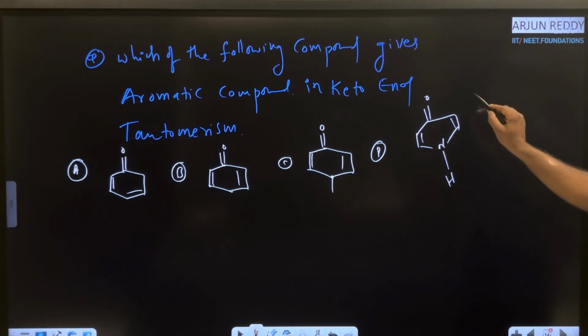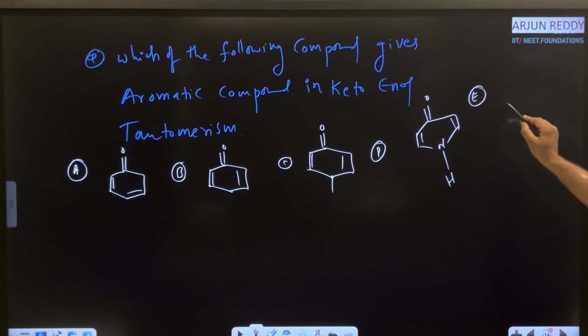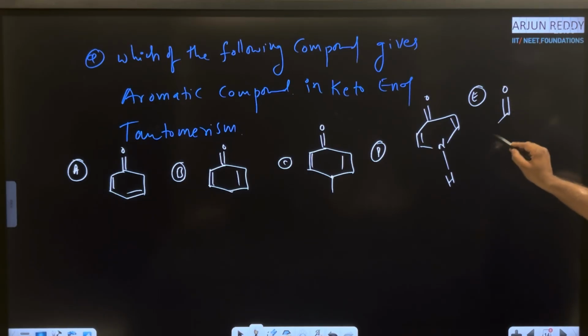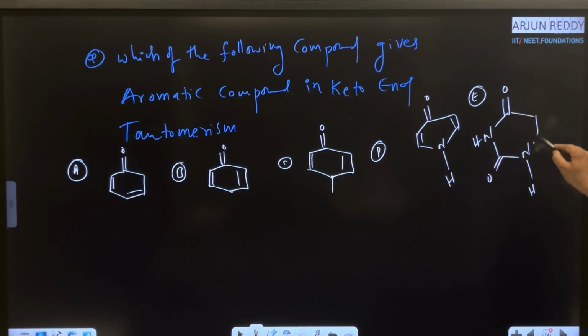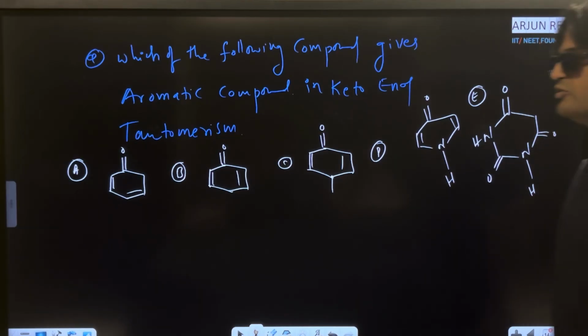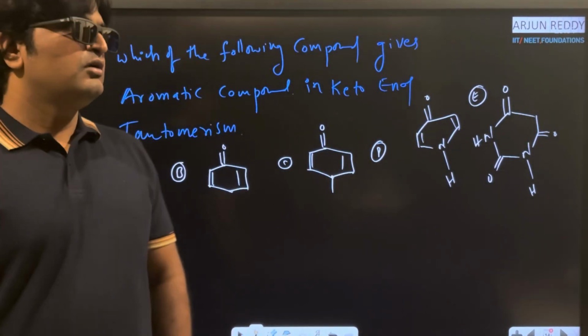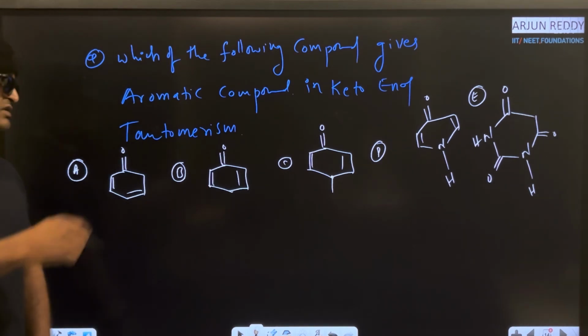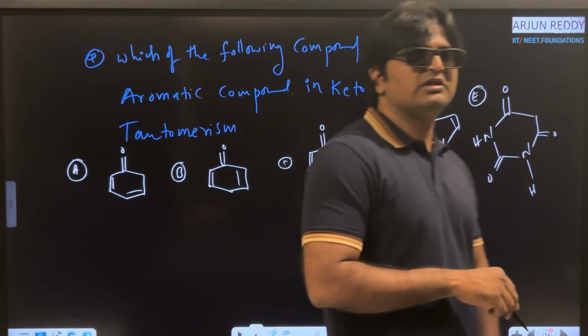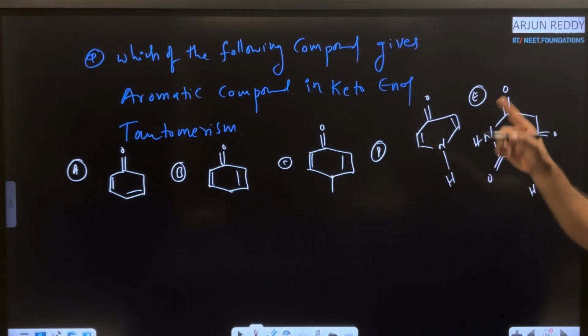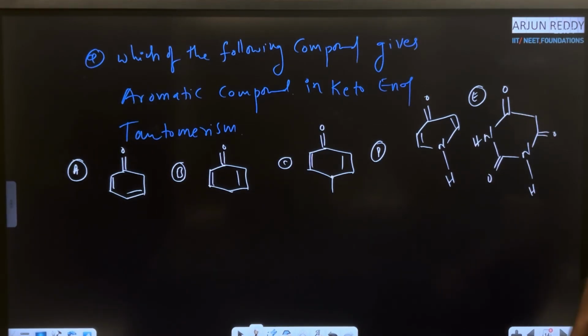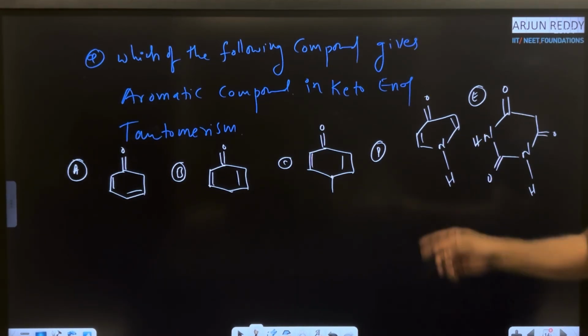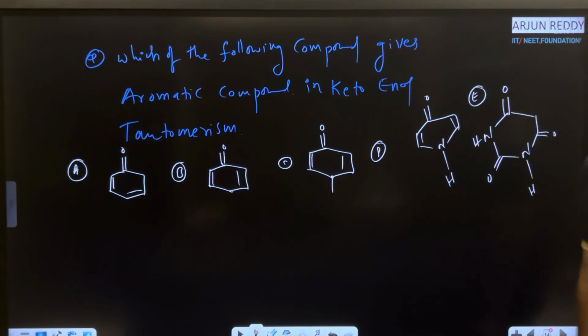And one more example I am giving, compound E. These are the 5 compounds. Homework question. If anyone is solving this problem, please comment on the comment box, right? Which of the following compound gives aromatic compound in keto-enol tautomerism? These are the 5 compounds A, B, C, D and E. Okay.